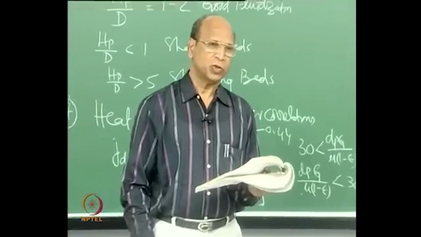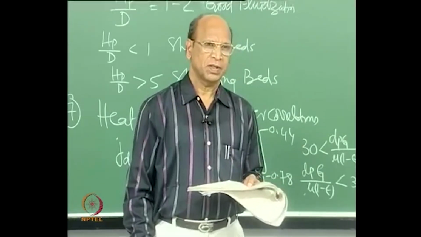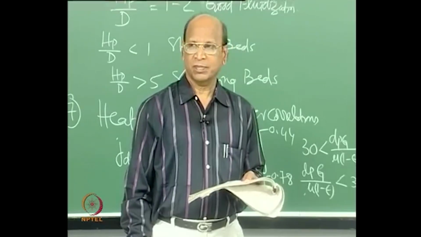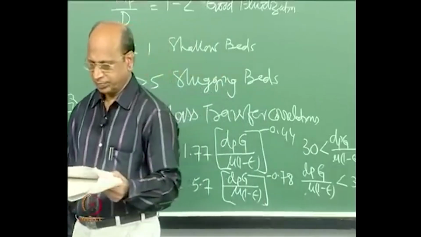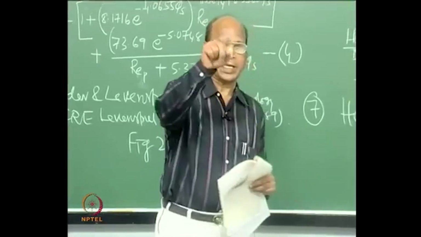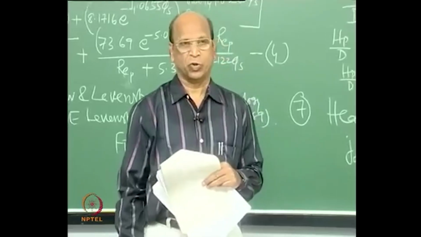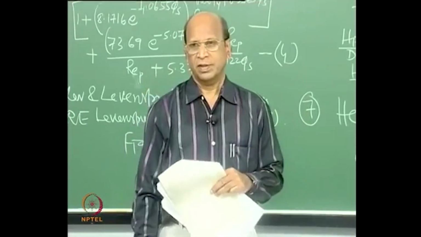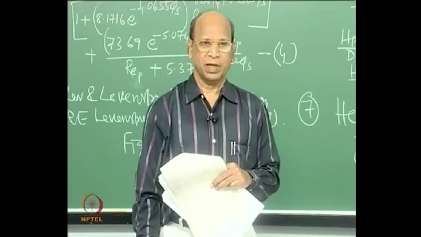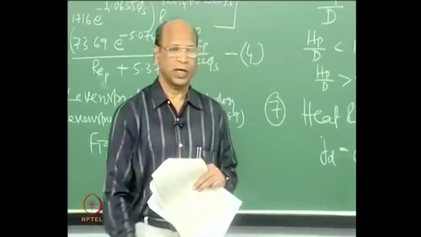Can you also tell me in terms of other dimensionless numbers, not k by u, not f by 2, not the standard number? The same thing can also be written in terms of Sherwood number, Reynolds number and Schmidt number. Do that exercise, you will know that. I do not want to write it there.